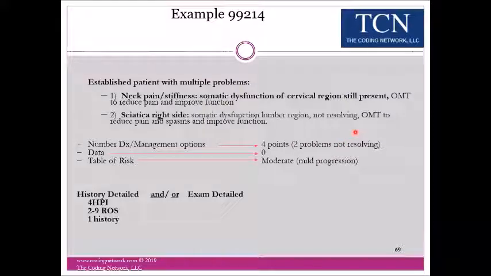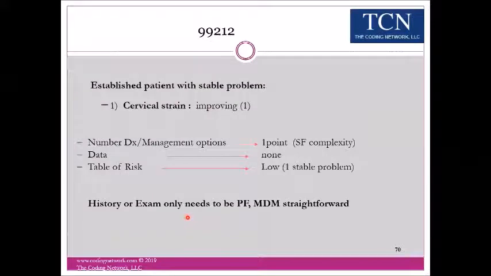That's one step toward high, but reasonably speaking on the table of risk, it falls into moderate very reasonably. And so that's a good example of a 99214, but remember then either your history or your exam, one or the other, have to at least meet detailed to support that 99214. Your typical 99212 is just the patient has one stable problem that's improving.